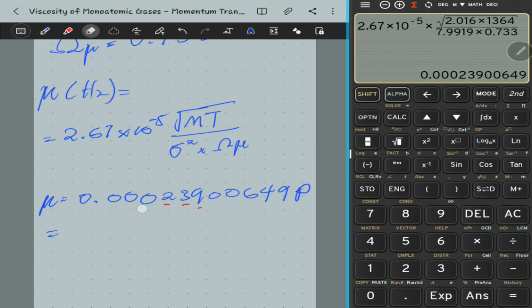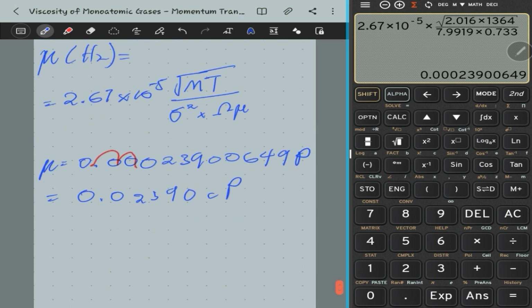So that will mean that we'll have to multiply this by this, and we get 0.0239, if it's 4 dp, centipoise, right?